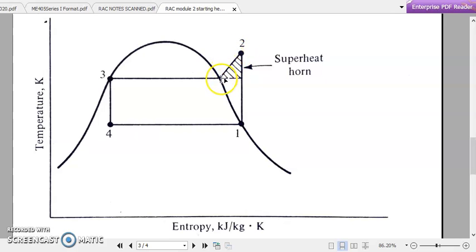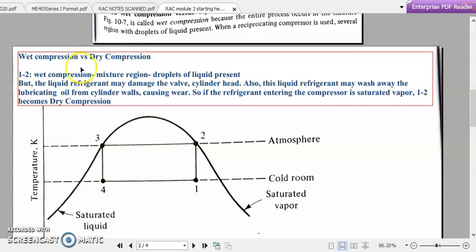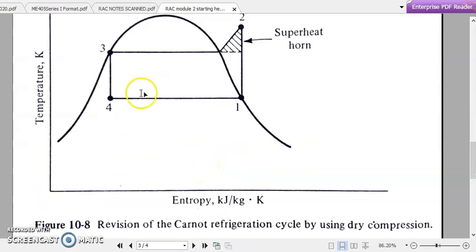So 2 to 3 will be a constant pressure heat rejection process, similar to what we discussed in our air refrigeration system. Then this is the case of wet compression and dry compression. So we prefer dry compression over wet compression. Now let us consider a little bit about the expansion process, or 3 to 4.